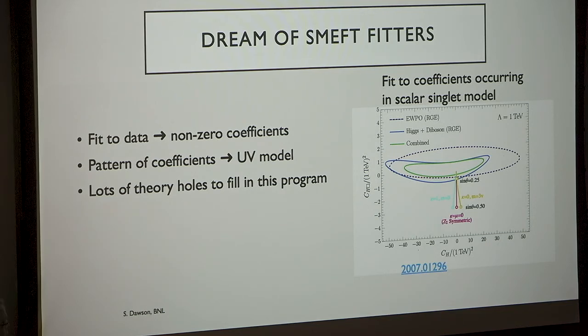It's not particularly a great model, but it's simple. So here are the coefficients that it generates at high scale, CH box. So we'll do a global fit to Higgs data, to diboson data, by which I mean WW, WZ, electroweak precision observables, LEP data, and then we'll get some combined limit within this green blob.